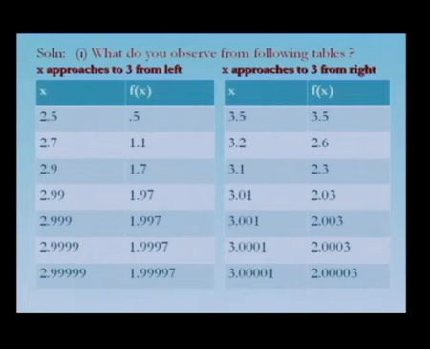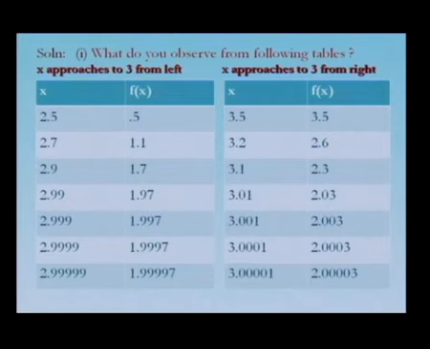So let us now consider the table on the left hand side. Here when x is 2.5, f(x) is 0.5. When x reaches 2.7, f(x) reaches 1.1. When x reaches 2.9, f(x) reaches 1.7.